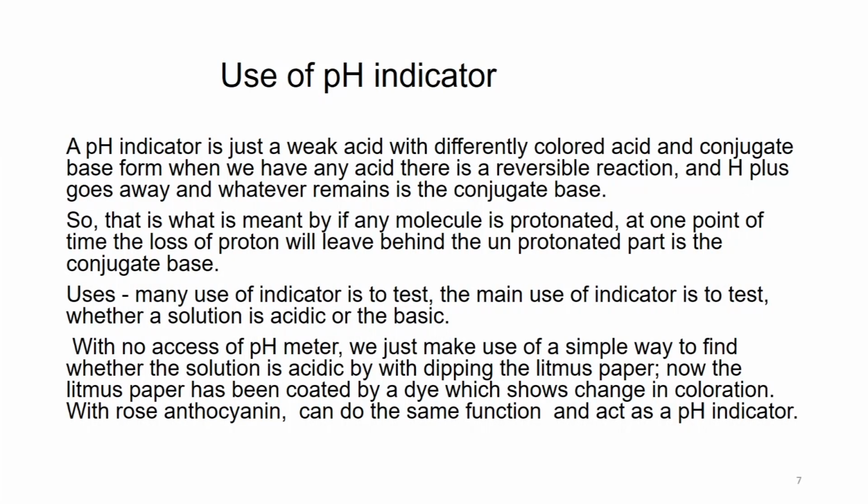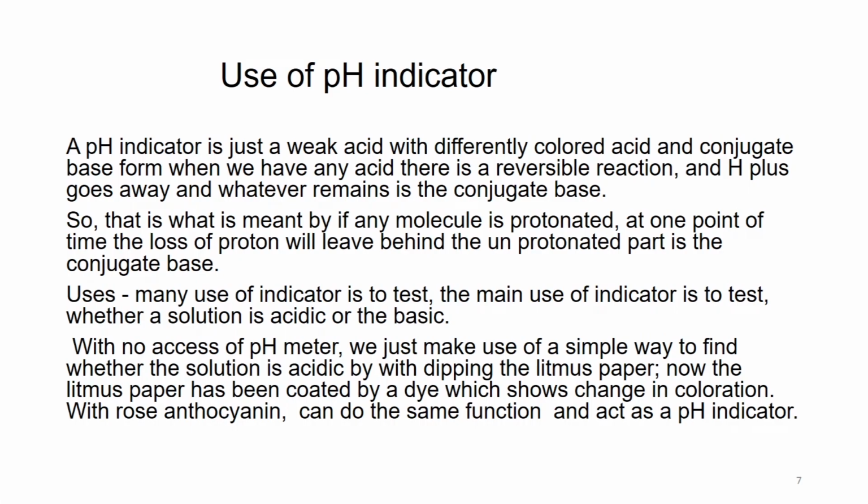Use of pH indicator. Where all do we use this? A pH indicator is just a weak acid with differently colored acid and conjugate base forms. When we have any acid, there is a reversible reaction and H plus goes away, and whatever remains is the conjugate base.